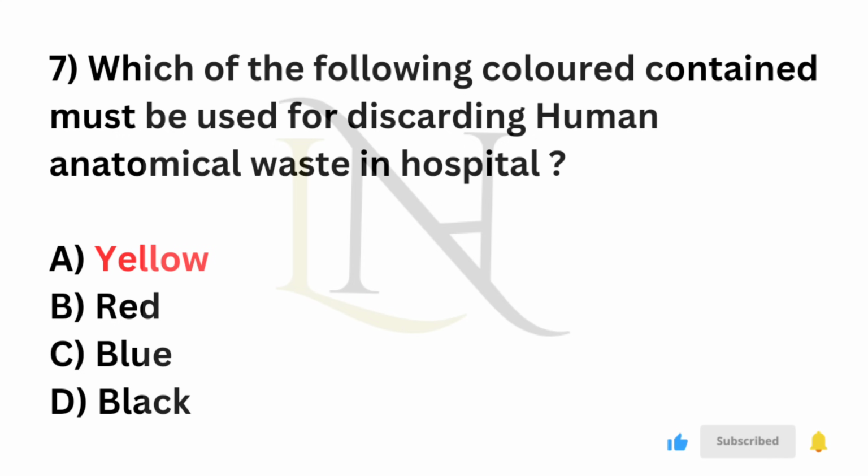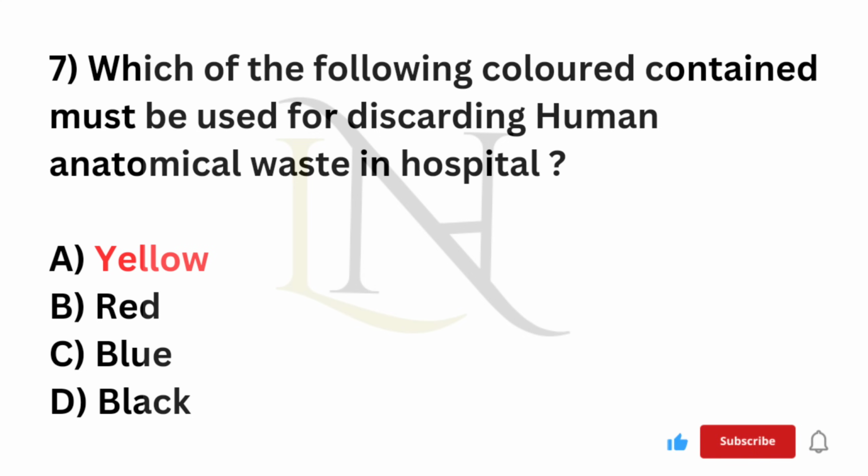So in biomedical waste, there are 5 colors: yellow, red, blue, black or green, and white. In yellow dustbin, we can discard human anatomical waste and body fluids and moist cottons, etc.